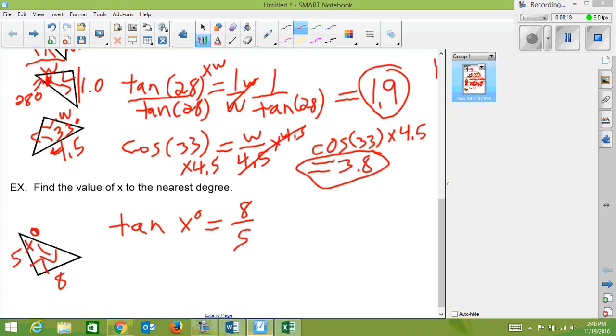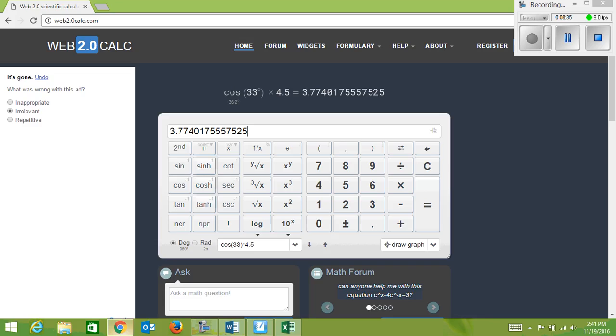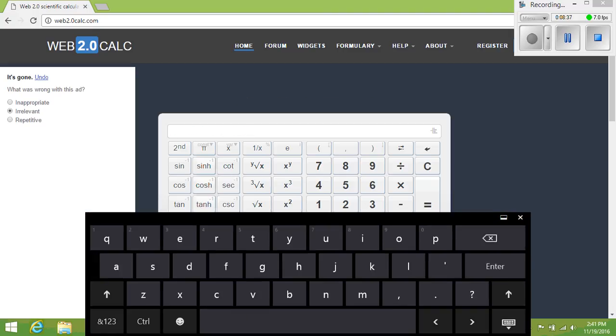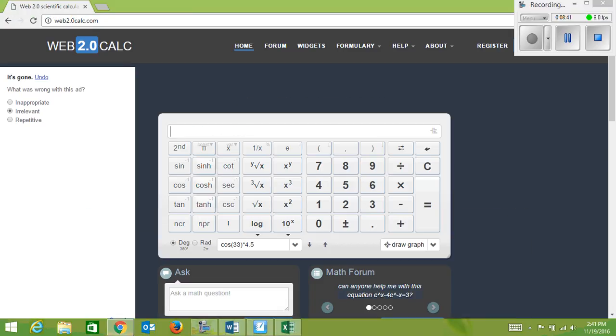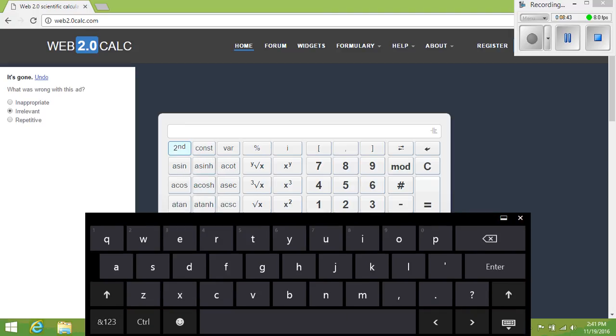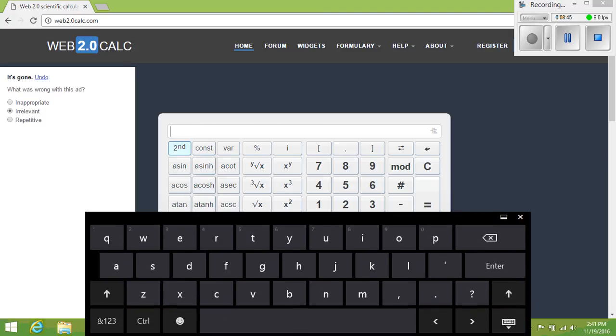If you divide your 8 by 5, it is 1.6. And so when you plug this in, you're going to have to do it differently. You're going to have to use tangent negative 1 times your 1.6, which is what this is divided out. Okay? So if I flip back to my calculator, I'm going to plug in. To get to my tangent negative 1, I have to use second function, and it's called atan.